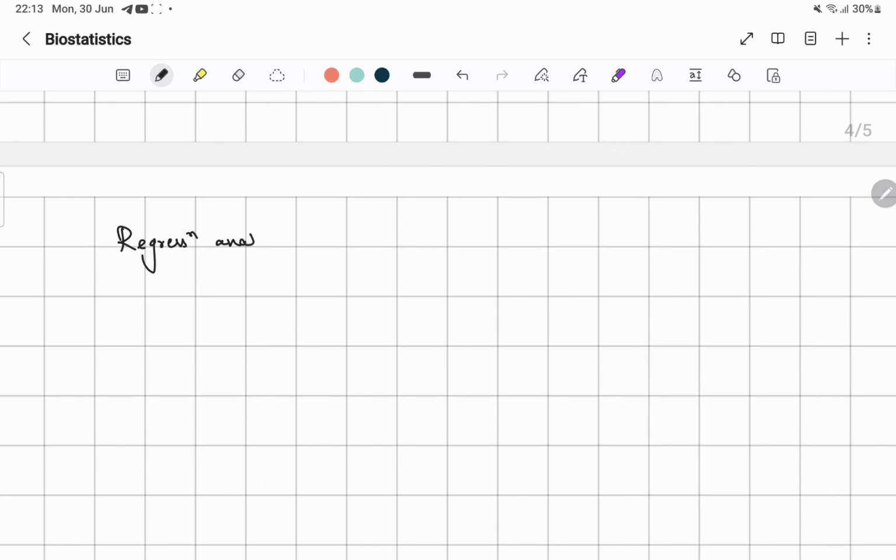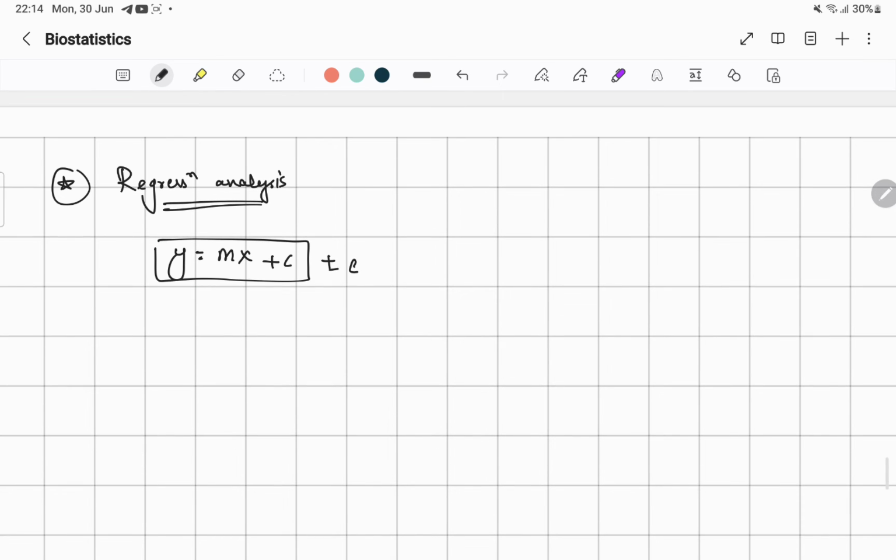For regression analysis, you have to understand that it follows y equals mx plus c, plus or minus error. Error may be there, may not be there. We just focus on this. This is the equation of a straight line.